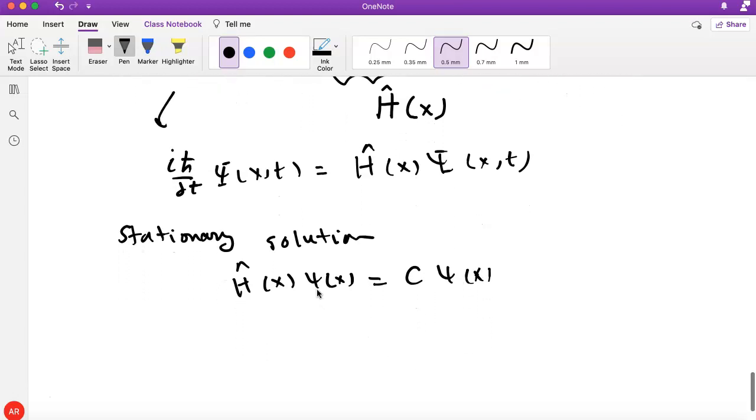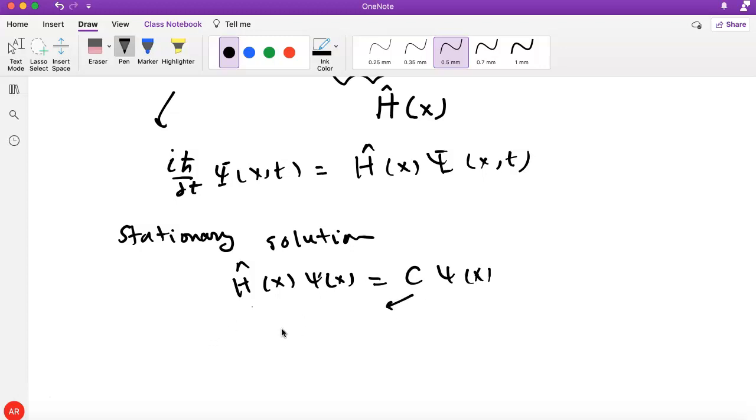So psi of x, this time independent function, is really an eigenfunction of energy, right? You have an operator associated with the energy of the particle acting on this, and it's giving us a number times the wave function.